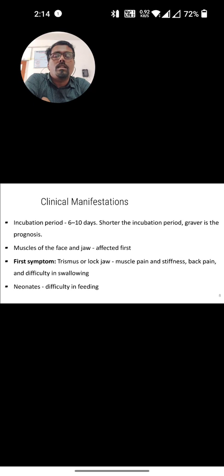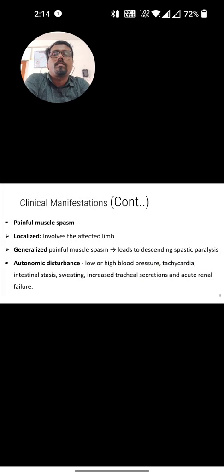The first symptom noticed in the patient suffering with the infection is trismus or lockjaw, though muscle pain and stiffness will occur. Back pain and difficulty in swallowing are the other symptoms you can see. In a neonate also, difficulty in feeding is the symptom noticed.